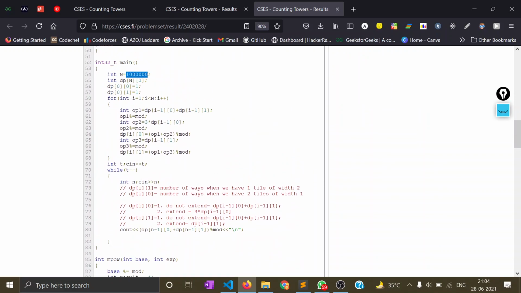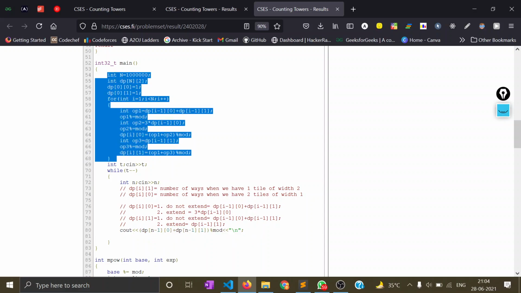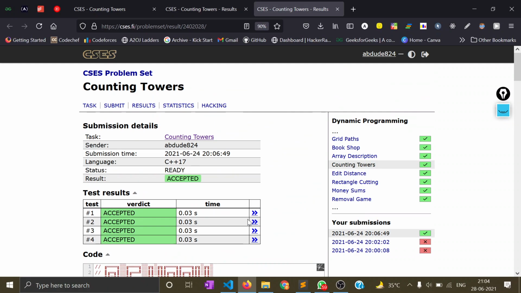So that's a tricky part to note here. Overall time complexity is order of n only. But if our test cases are large enough, then our time complexity is order of 1, because we are just pre-computing it once. The pre-computing cost is order of n, but the query cost is order of 1. So we really did a great job here, saving the time complexity.